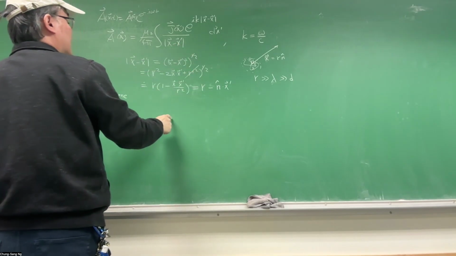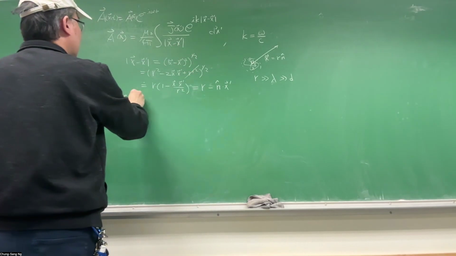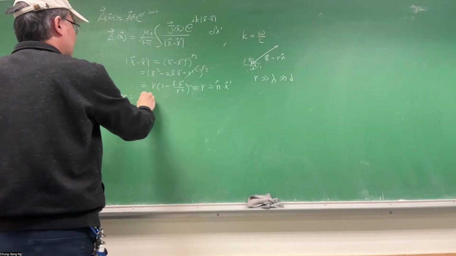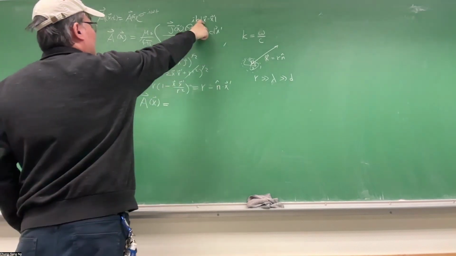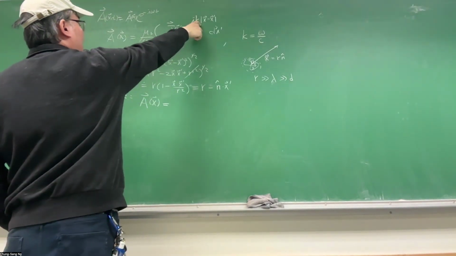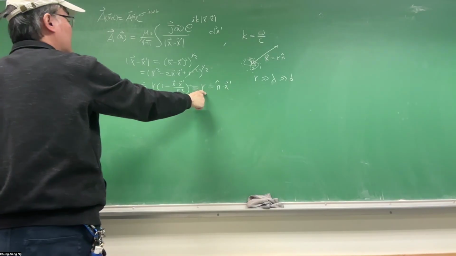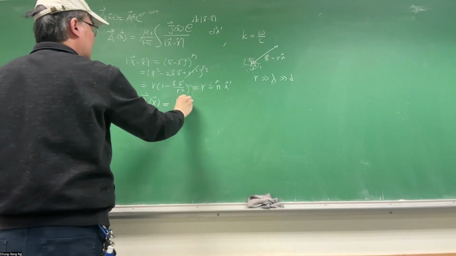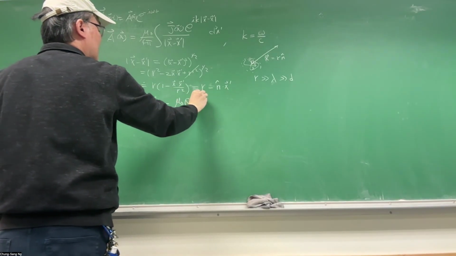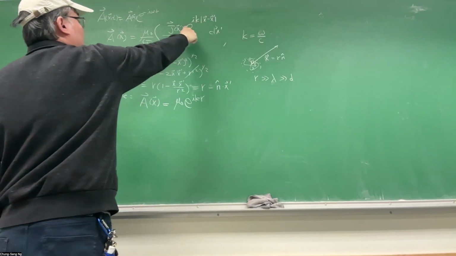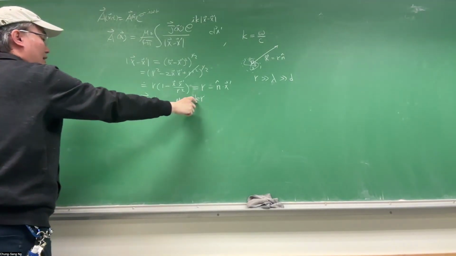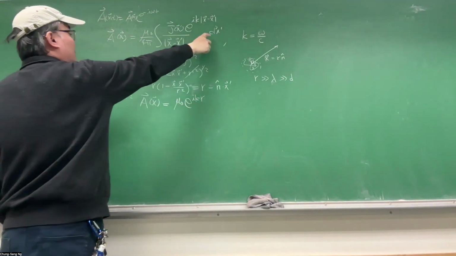Okay, and so A(x) will be, now you have this substituted in, that exponential function separates into two factors. You can pull out one of the factors, e to the i k R, because R doesn't involve the integration.